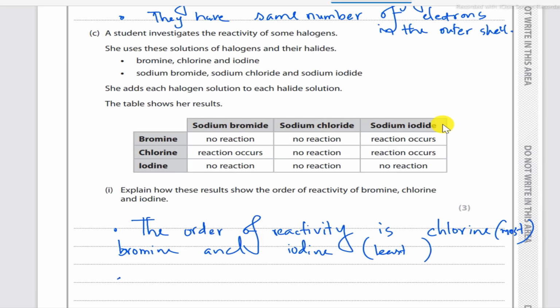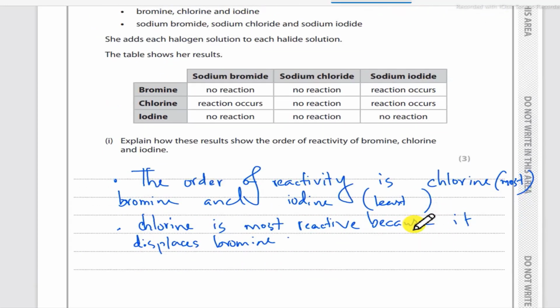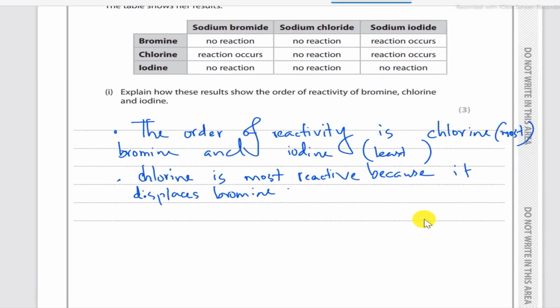Chlorine is most reactive because it displaces bromine and iodine.